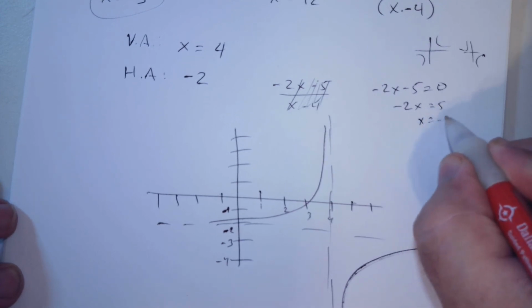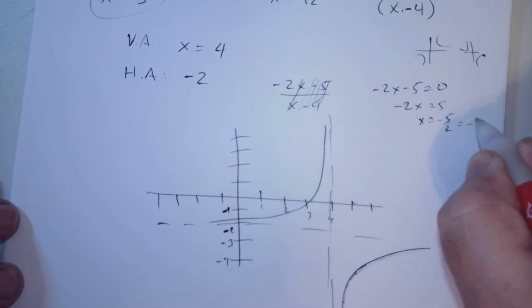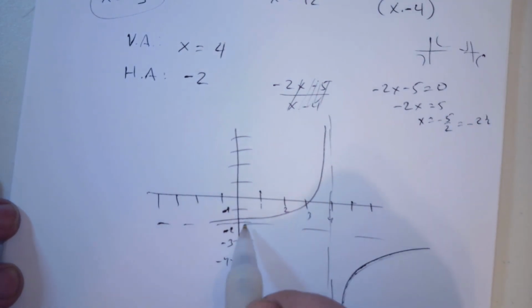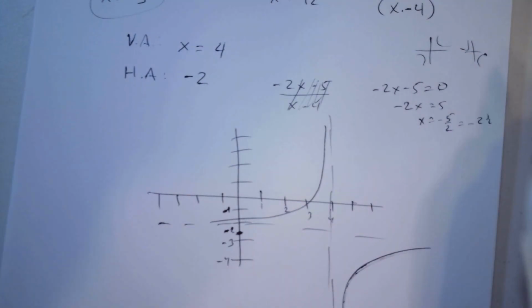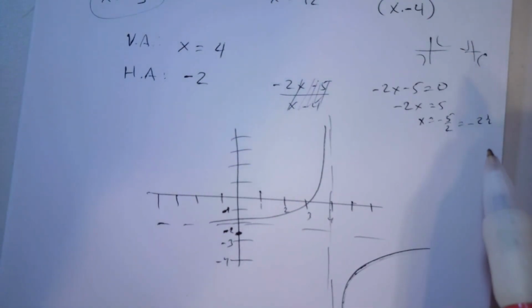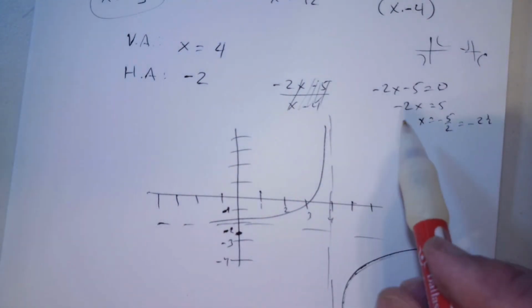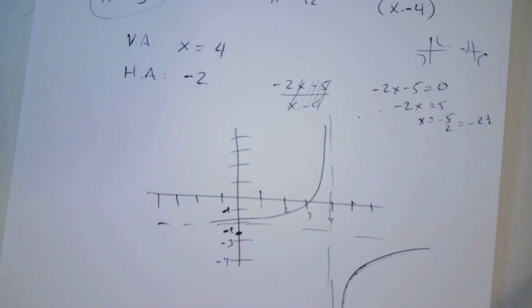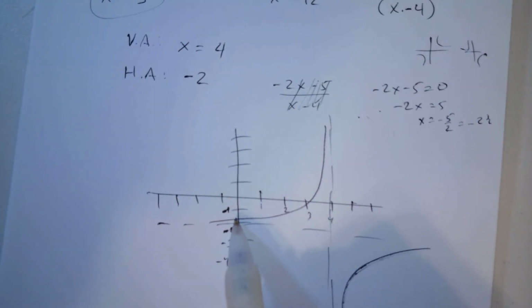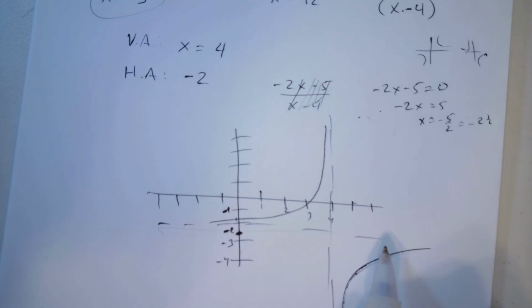So x equals negative 5 over 2, negative 2 and 1/2. Or is it? No, because the negative 2 is a horizontal asymptote.